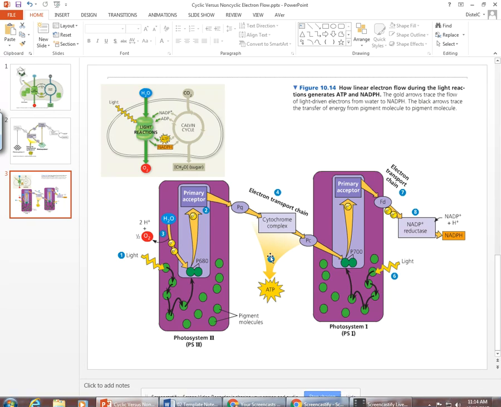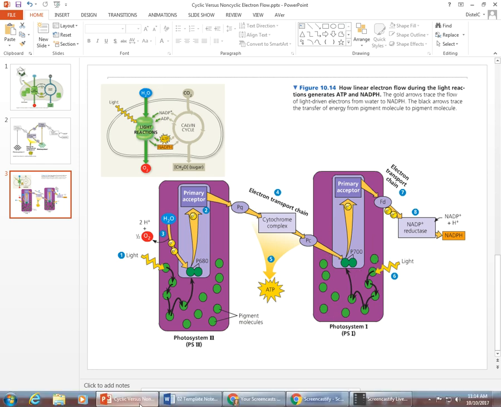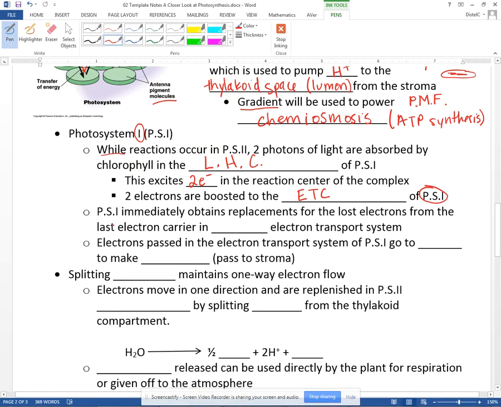Switch back to my picture. It's like we said, light comes in, energy is moved, electrons are excited. Here's the electron transport chain of photosystem 1.